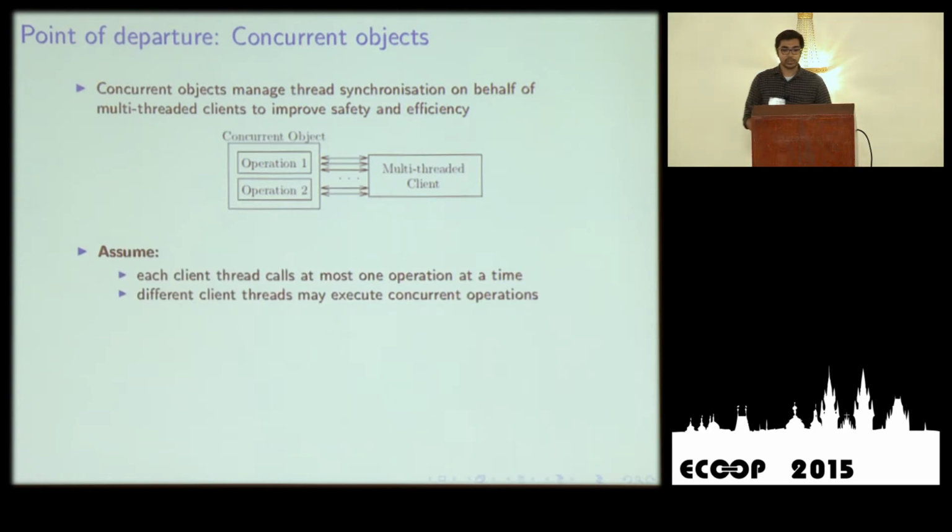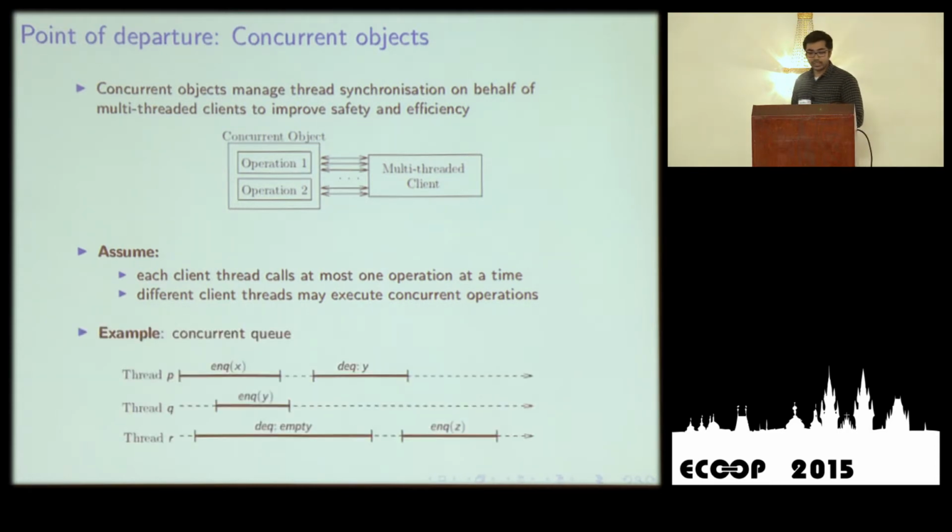So what we'll assume is that each client thread calls at most one operation at a time, but different client threads may execute operations concurrently. So here's an example of a concurrent queue. It's just like a normal queue, but you've got things overlapping. Time is moving from left to right here. And so the different threads are executing different operations concurrently.